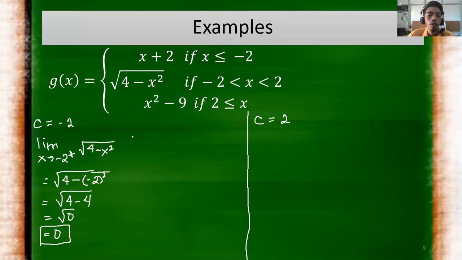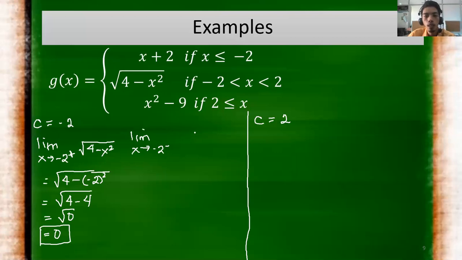So let's have another step for this given. So we are going to solve naman for the limit as x approaches negative 2 from the left. So negative 2 from the left, kailangan ang gagamitin natin ay kung alin ang may less than negative 2.